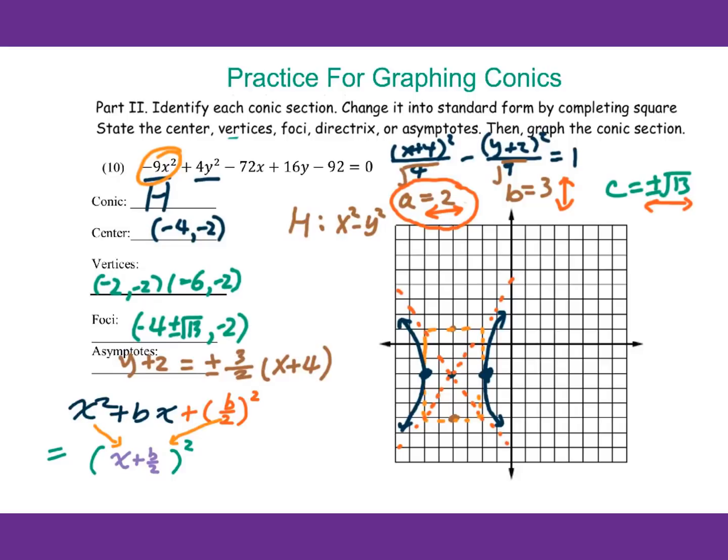The foci, plus or minus square root of 13, means between 3 and 4. That's the foci. That's it for number 10.